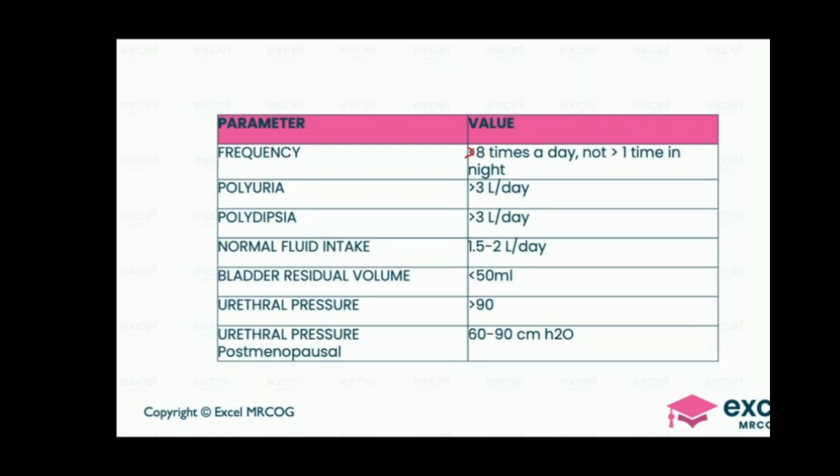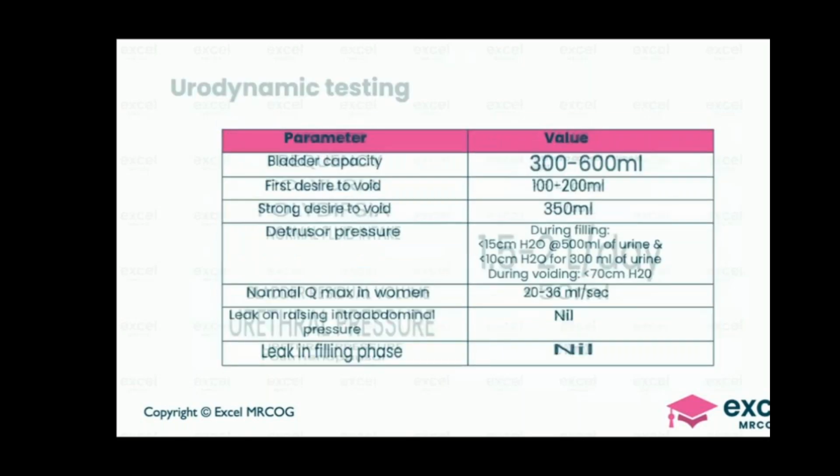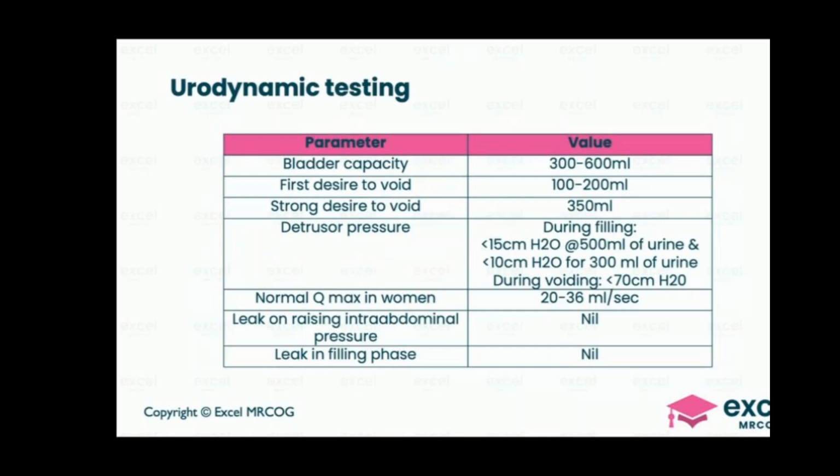Okay. Then these are important. This is very important, because you can get a question in the exam where they give you values and you have to interpret the urodynamics.